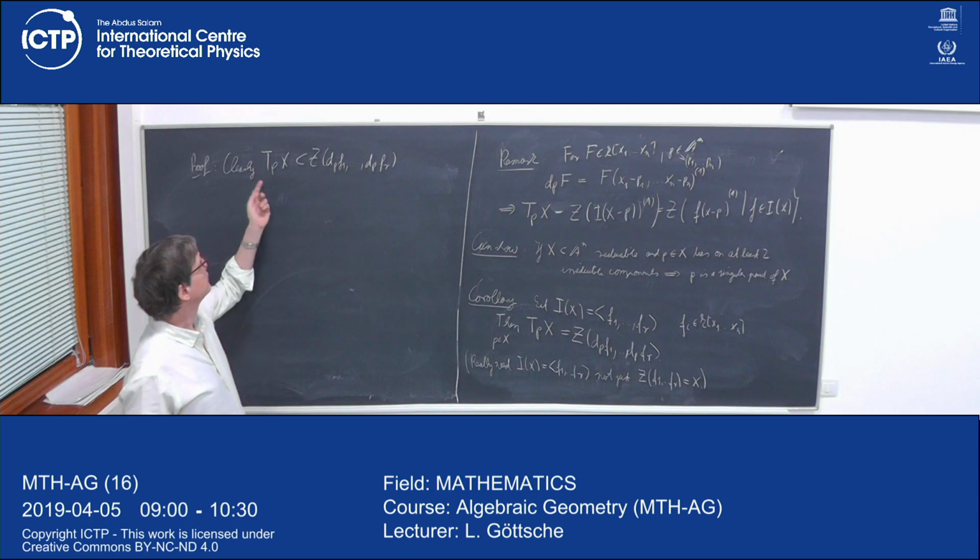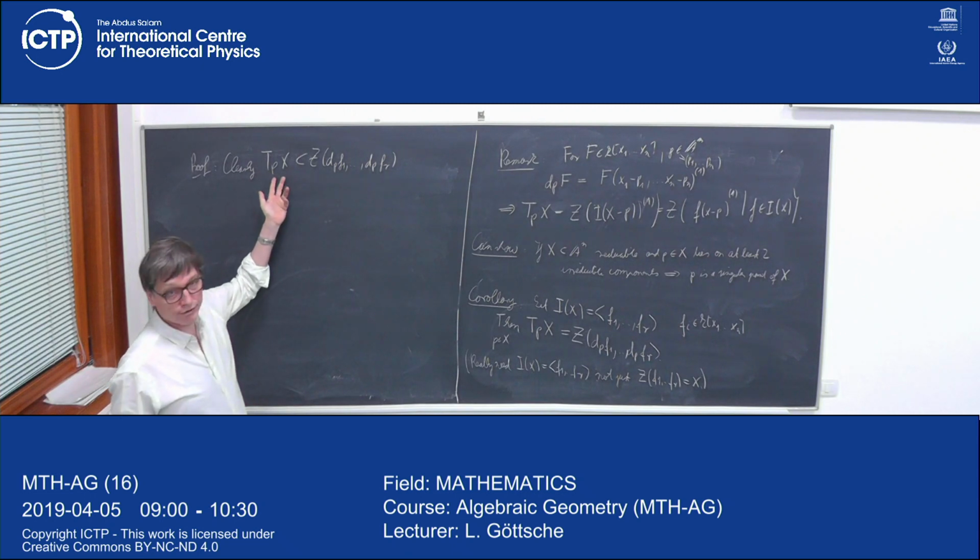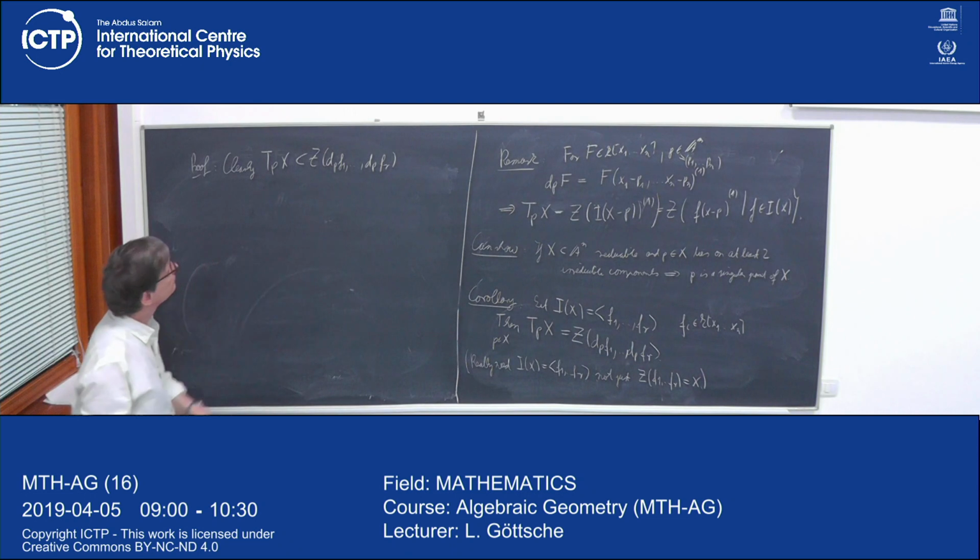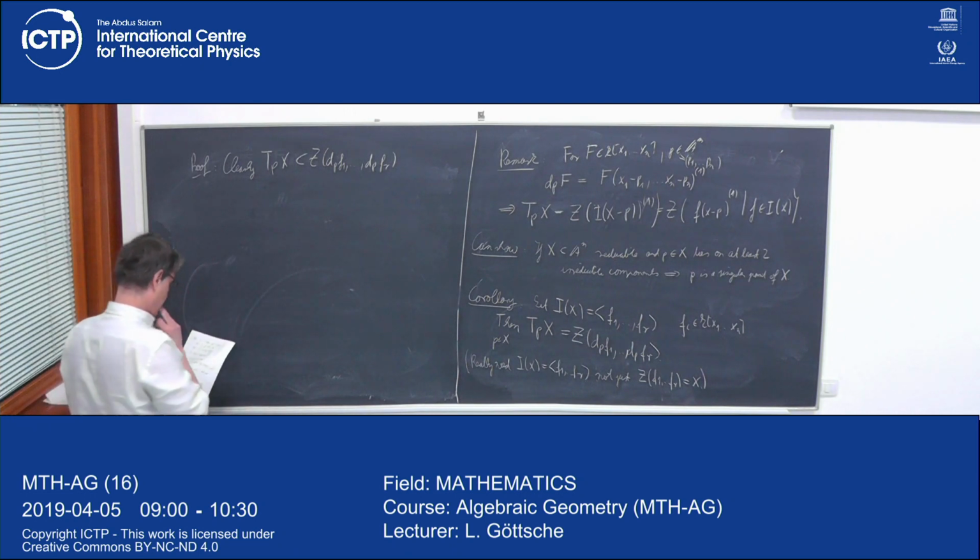So on this side we only take more conditions, the zero set of more things. So we have to show the other inclusion.